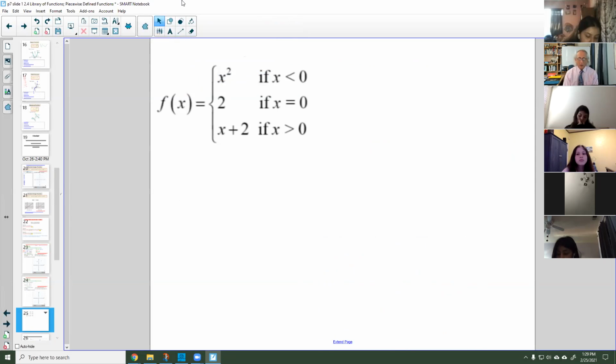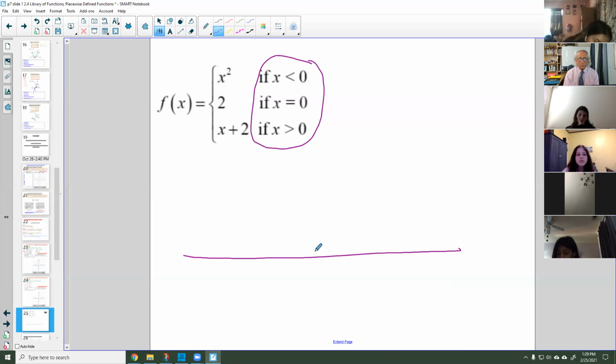So I'm looking at these pieces right here, the domain pieces. And so I'm going to make a number line. 0, 1, 2, 3, 4, 5, and 1, 2, 3, 4, 5, so negative 5 and positive 5. And the first piece, we'll call that the green piece, says x less than 0.